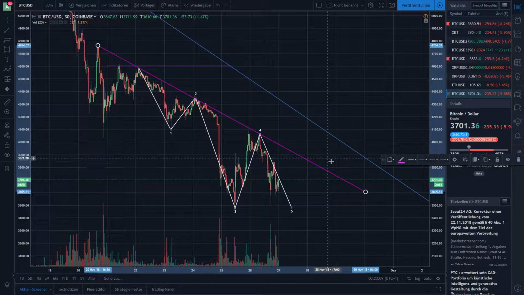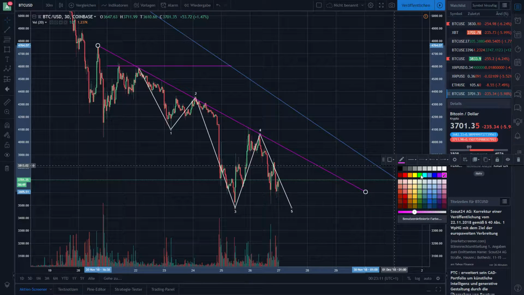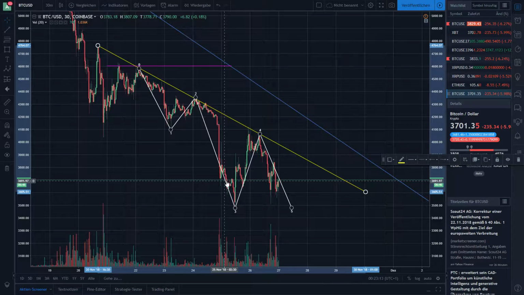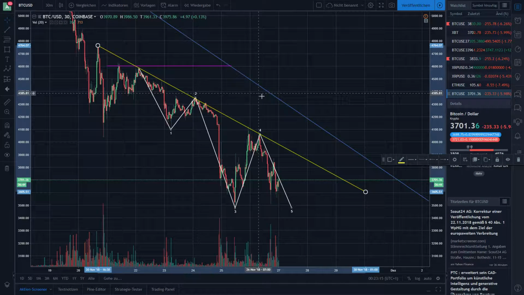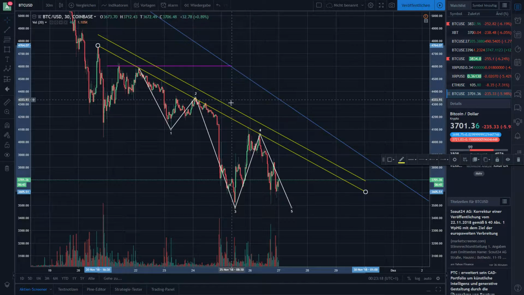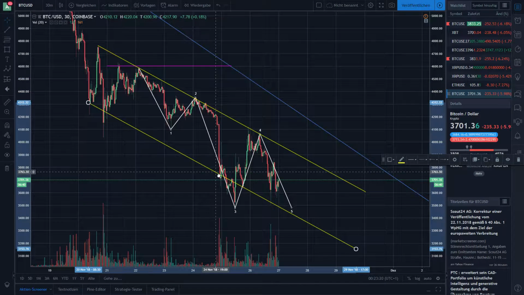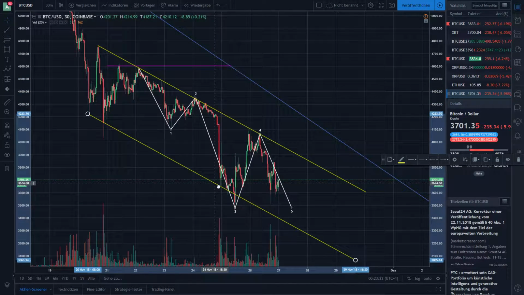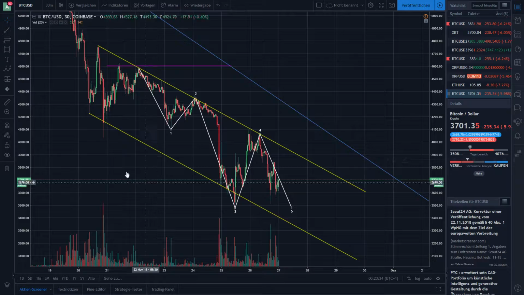Maybe we can draw it from here. Yeah, we can draw it from here. So we see this nice resistance here, and we see a channel forming. Touch here, rejected. Touch here, rejected. Only a wick, rejected. Now coming down, and again rejected.